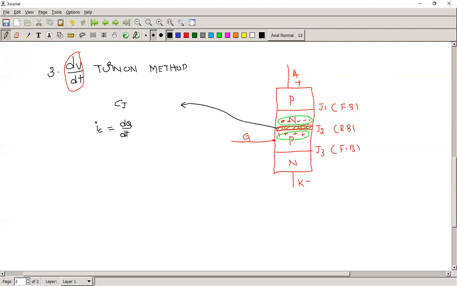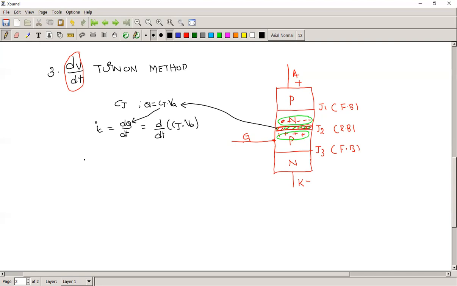In place of q, here q is nothing but charge, and the capacitance is the junction capacitance. So we can write q as Cg into the anode voltage Va. Substituting this, IC equals d by dt of Cg Va.